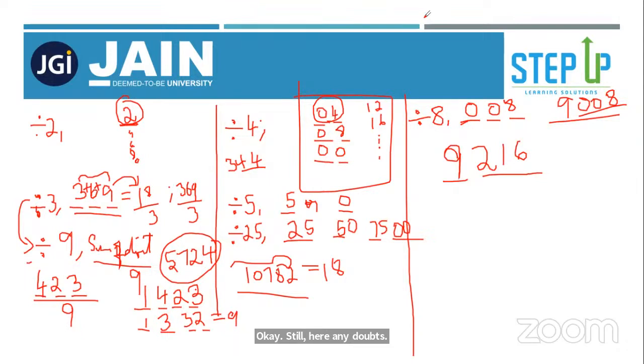Divisibility of 2, 3, 4, 8, 9, 5, we have done. Any doubts? No doubts. Okay. Any doubts, anyone? Can I clear the screen and get into the next one?